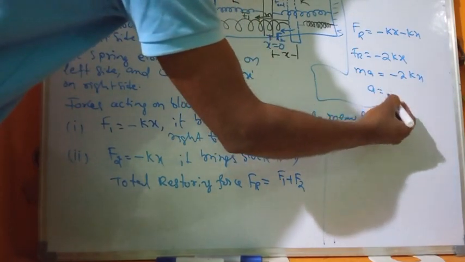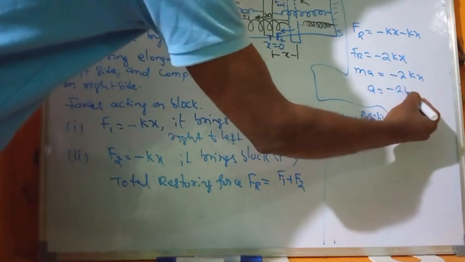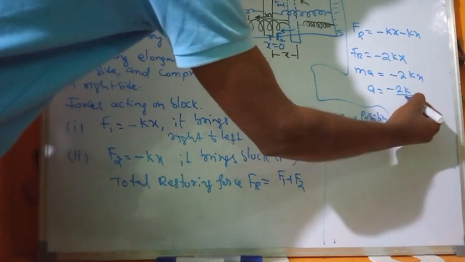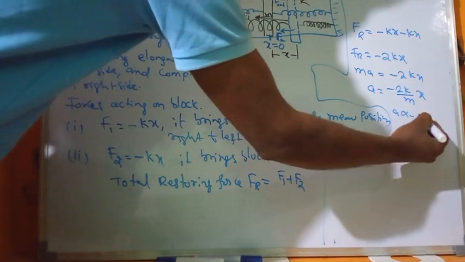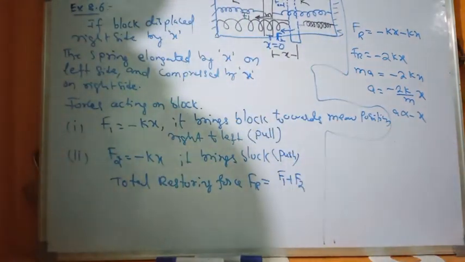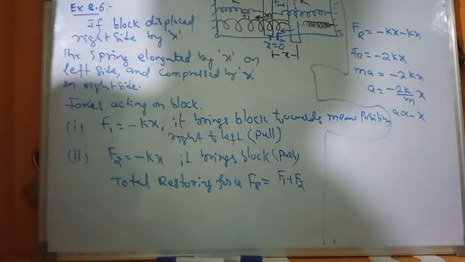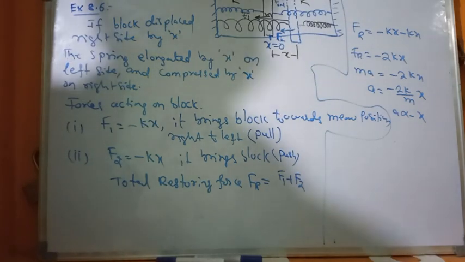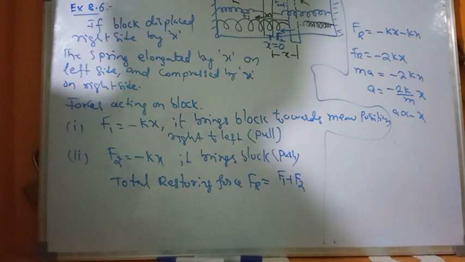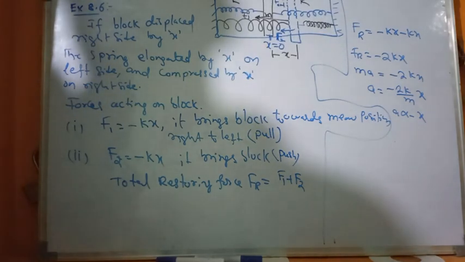From this, a is equal to minus 2k by m into x. Here a is directly proportional to minus x, and 2k by m is a constant, so it is executing simple harmonic motion.